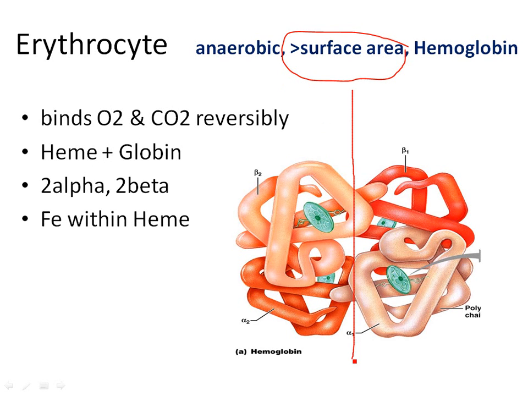Hemoglobin consists of 4 individual protein-based molecules that interlock to function. And you can see there's 2 alphas and 2 betas. That's based on structure. Now this long pink to reddish tube looking thing, that's the protein, which are called globins.